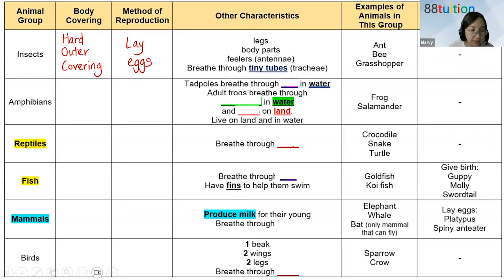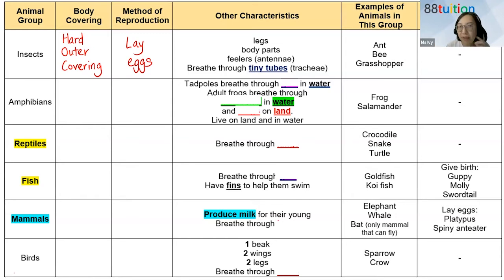Shall we do Eldon? Eldon, for amphibians, can you give me the body covering and the method of reproduction? Can you repeat it again, please?